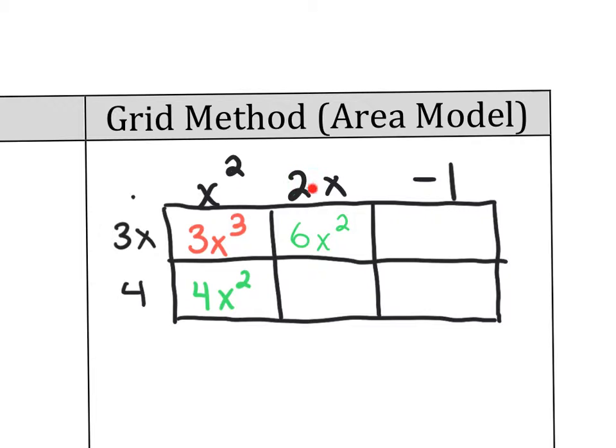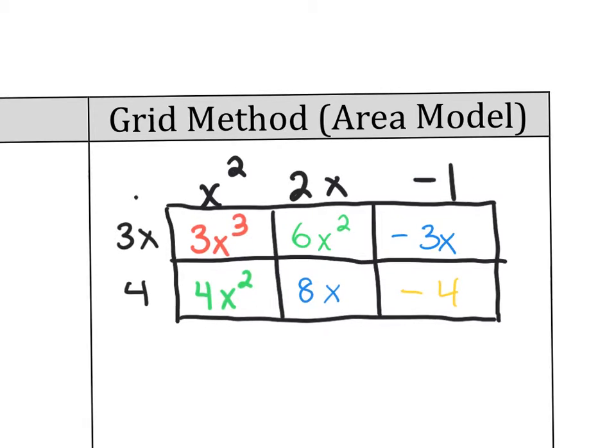Next, 4 times 2x is going to be 8x. Negative 1 times 3x is negative 3x. And lastly, the 4 times negative 1 is negative 4.